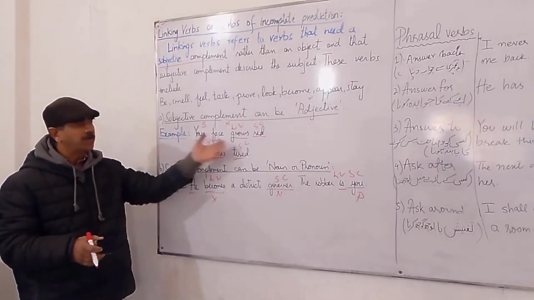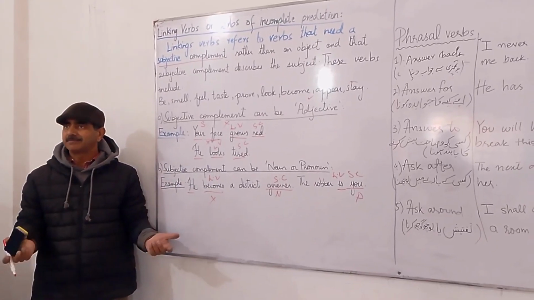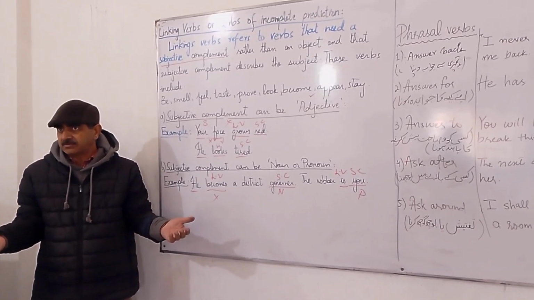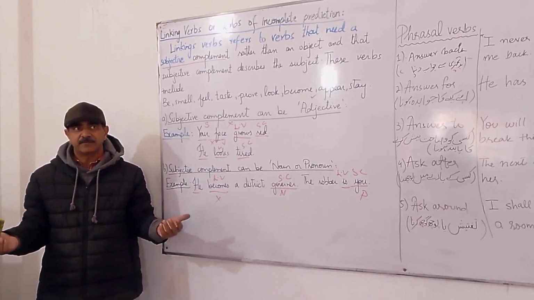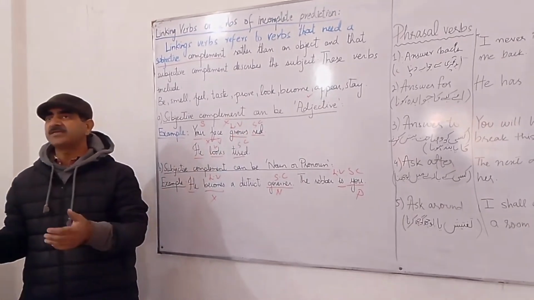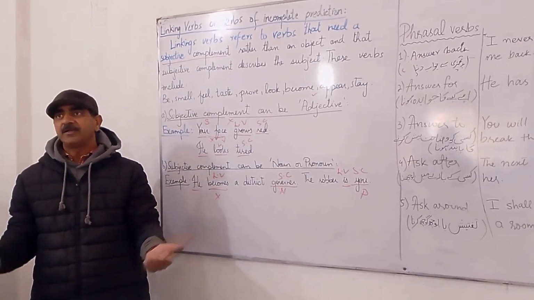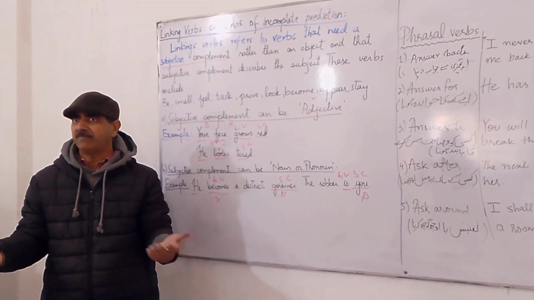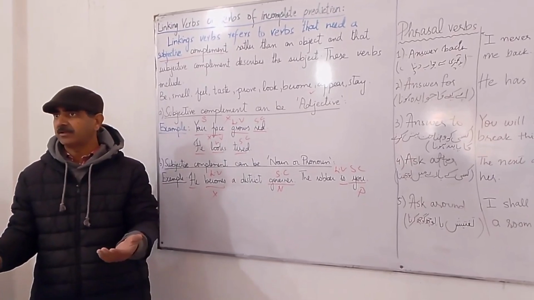If I say "your face grows," the question arises: what, or how, does my face grow? If I remove it and simply say "your face grows," definitely you'll ask me, sir, how does my face grow? Pale, red, blue, green, black.